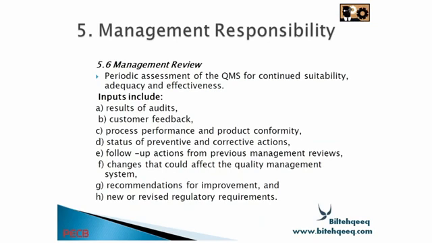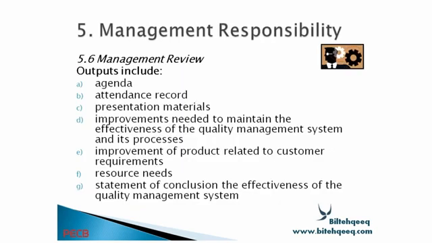So during each management review, these are the requirements of the standard. You have to discuss each element starting from A and ending at H. You can also discuss other things during the management review meeting, but it is compulsory that you discuss each element from A to H.